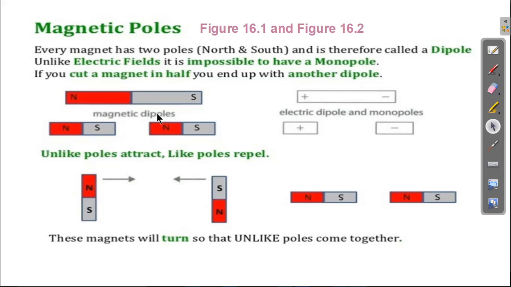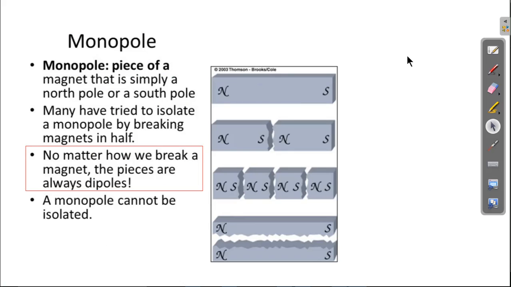Magnets are magnetic dipoles. Electric charges can be made into monopoles, meaning you can have a positive electric pole and a negative electric pole. Just think about batteries. We cannot do the same thing with magnets. People have tried, but we have not been able to make monopoles out of magnets.